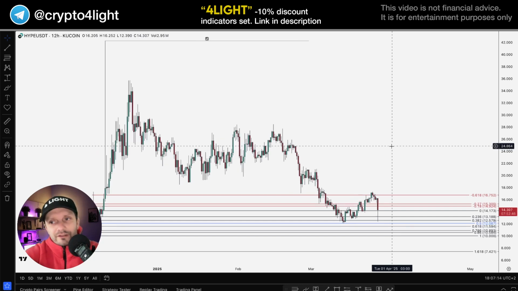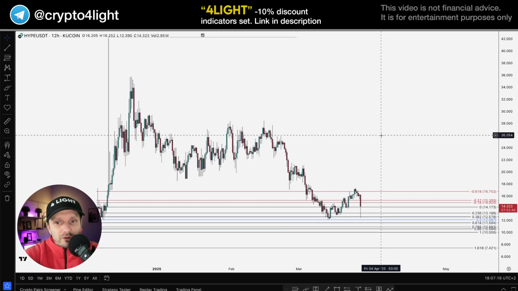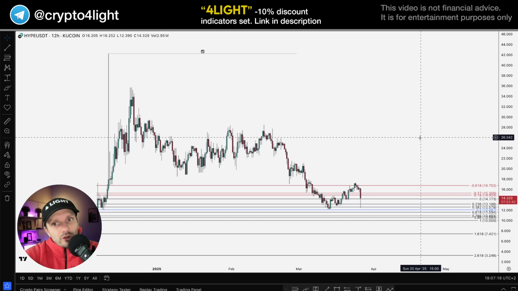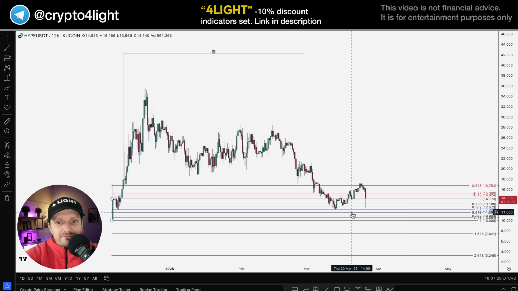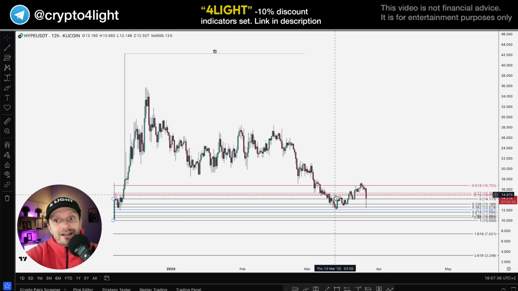Not a funny story, no, it's not fun when people lose money. Yeah, but this is a great example. So market makers can manipulate the price however they want, right? And it's just a matter of time, if they have a plan to drop the price much lower to the zone of interest and accumulate back, it's just a matter of time when.